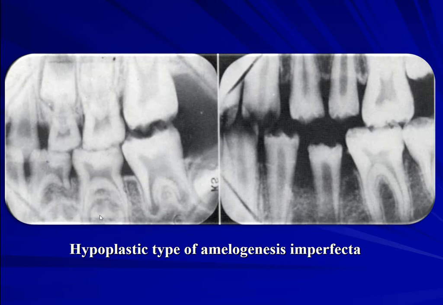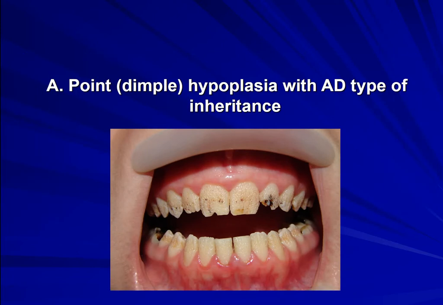This X-ray shows the hypoplastic type of amelogenesis imperfecta. On this photo you can see point hypoplasia with autosomal dominant type of inheritance.